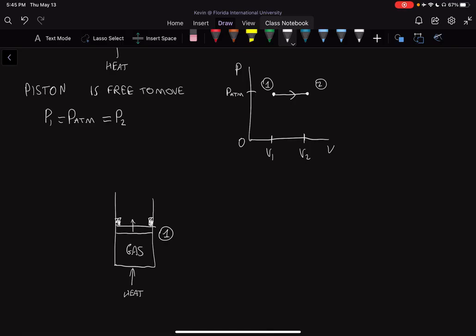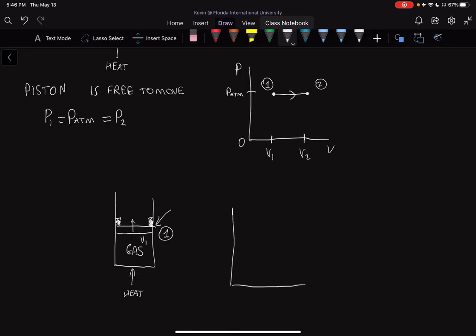What's going to happen to the volume if we add heat? So this is volume 1. If we add heat to the system, we're just going to be trying to increase the volume, but the volume can't increase, right? We're blocked by the stops, so it's going to try and move up, but it's blocked by these stops right here. So the system is going to stay in the same position. Okay, so it's going to stay in the same position.